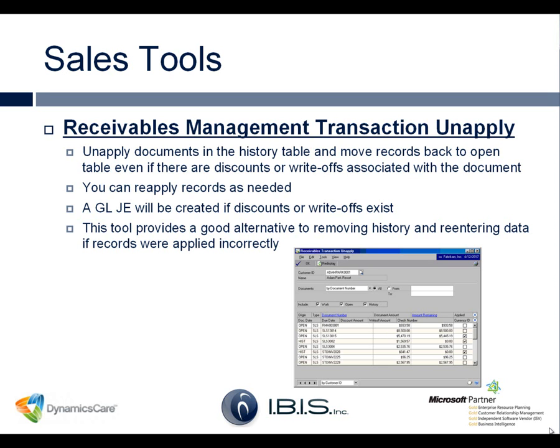And if discounts or write-offs do exist, there'll be a journal entry created in the GL to handle those. And this tool does provide a good alternative to removing history and re-entering that data if records were applied incorrectly. I think this is also a fairly popular tool to have available and to use.